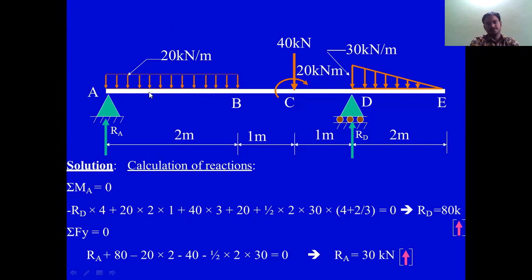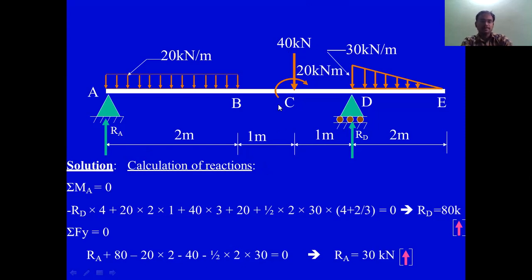The force 20 into 2 is acting at a distance of 1 meter from A. Next, plus 40 into 3, since 2 plus 1 is 3.